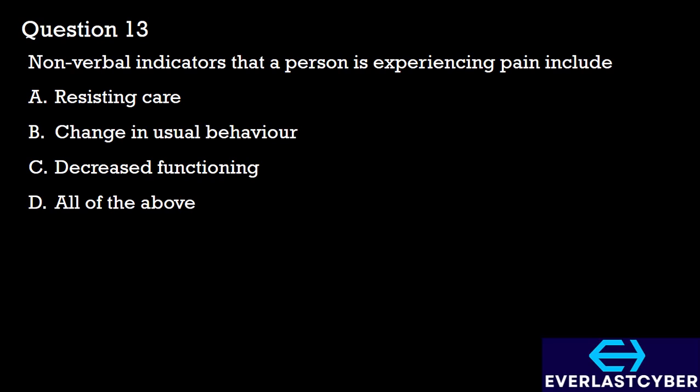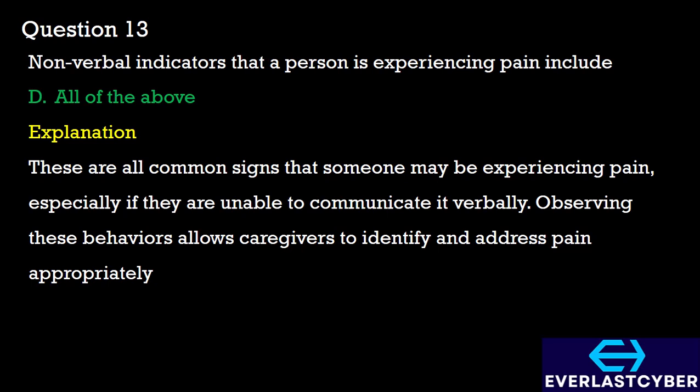Individuals in pain may also have difficulty performing tasks that they normally would do, such as walking, eating, or dressing, due to the discomfort or limited mobility that they feel. So, non-verbal indicators that a person is experiencing pain includes all of the above. They can resist care, there can be changes in their usual behavior, and they can have decreased functioning.